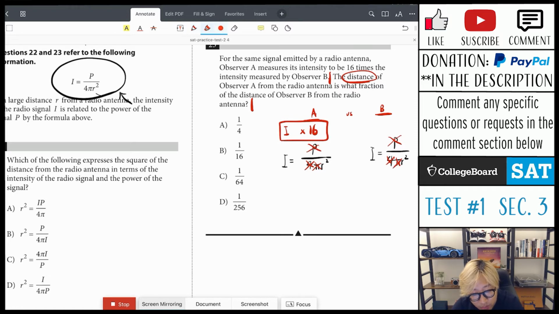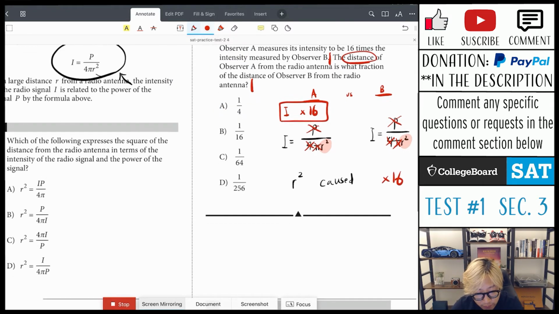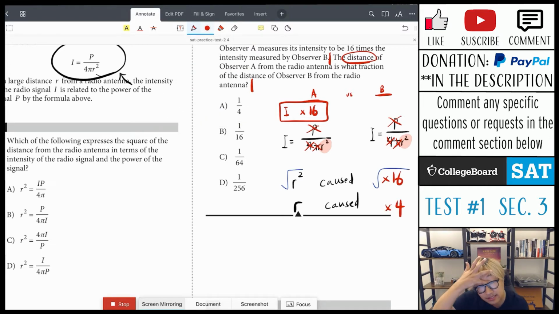It was just this R squared that caused A to be times 16. So that R squared caused the times 16, which means if you square root both sides, R caused times 4. And I see 4 right here, so I will just circle A and move on.